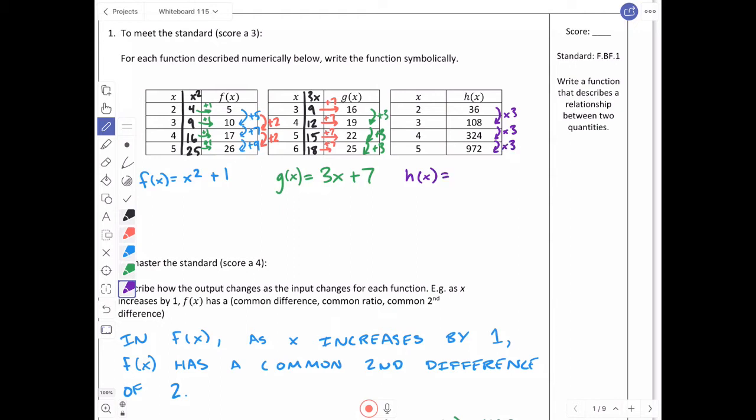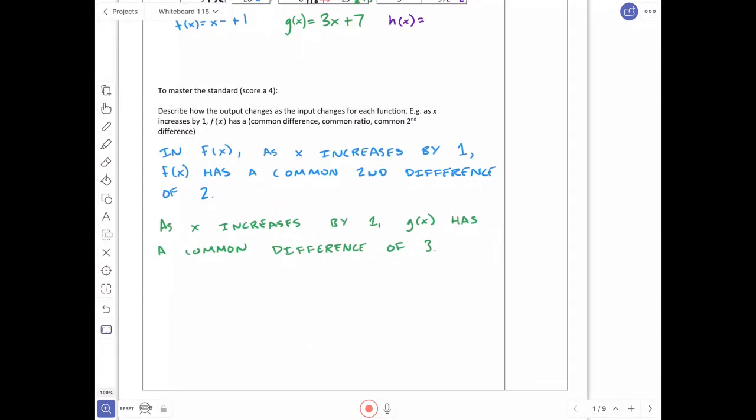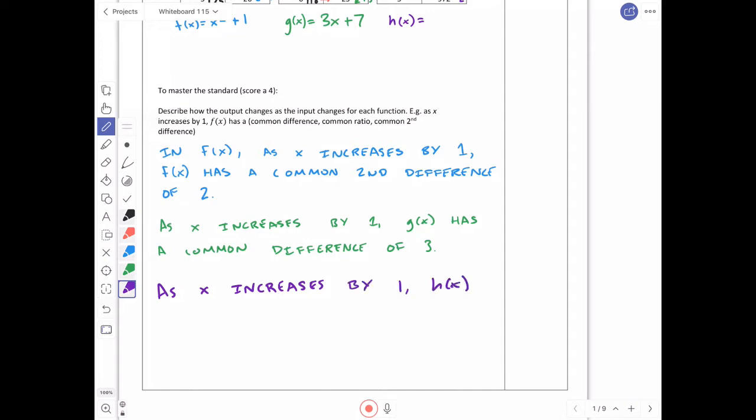So h of x is an exponential function. So as x increases by 1, h of x has a common ratio of 3.